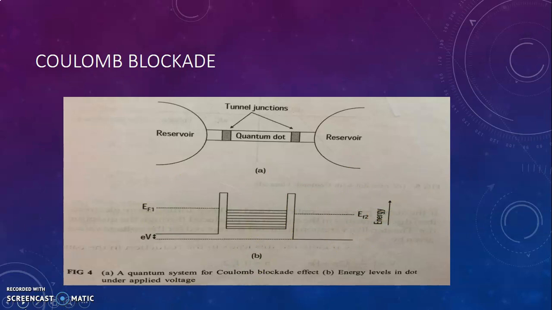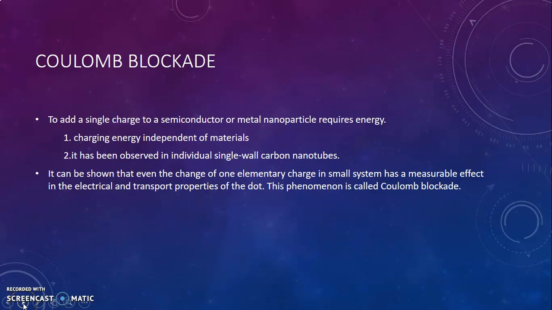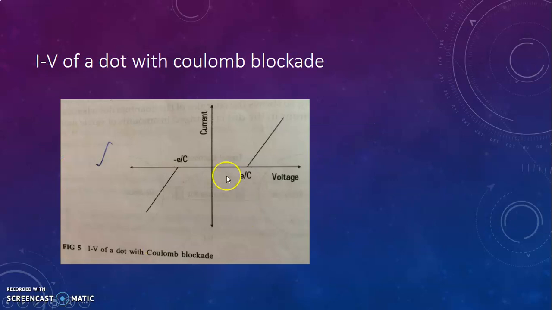At least e²/2C will have to be provided to the electron, and we can see that the voltage will have to be raised to nearly minus e/C or plus e/C.